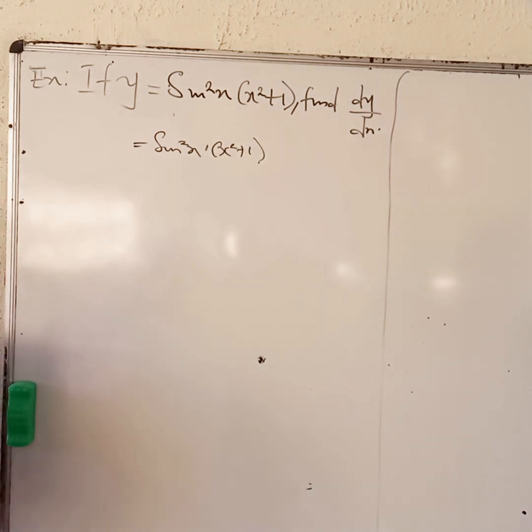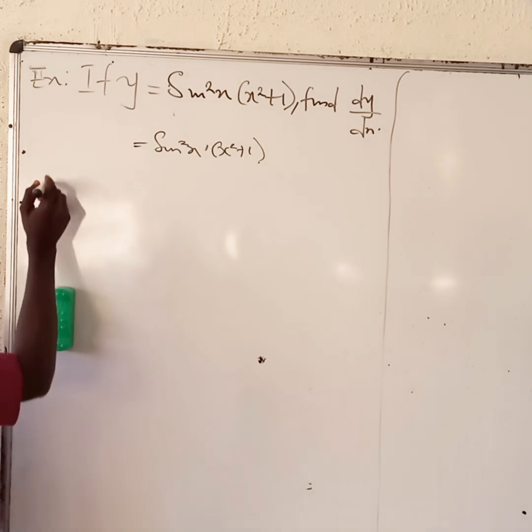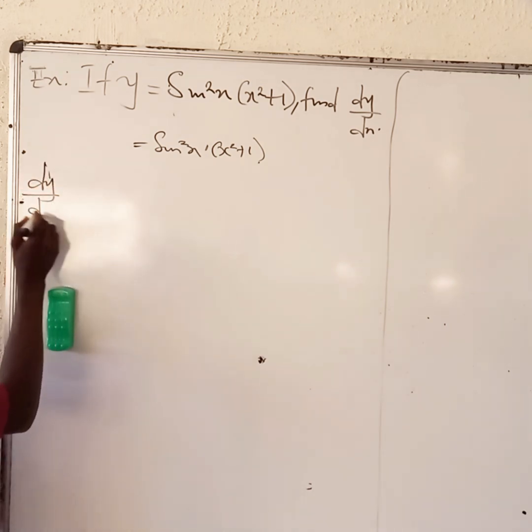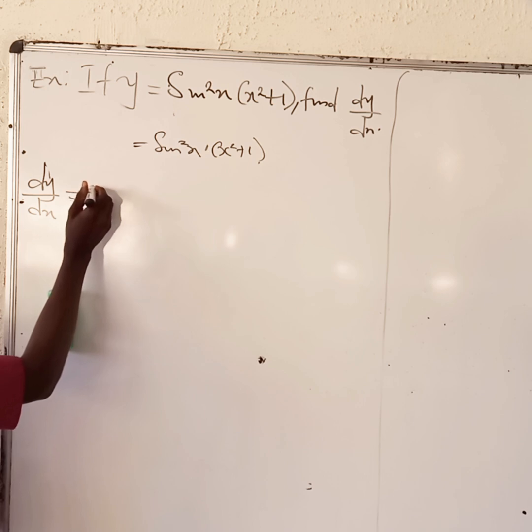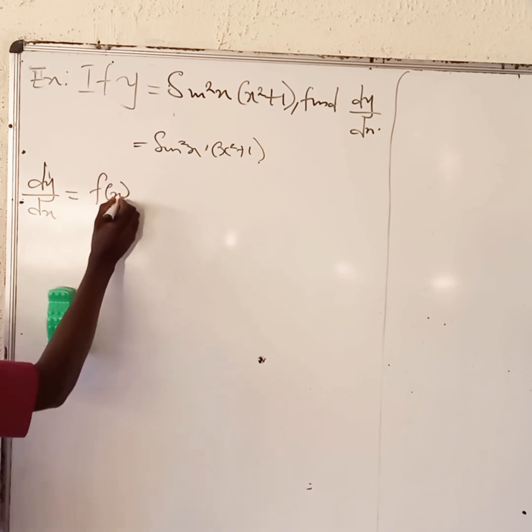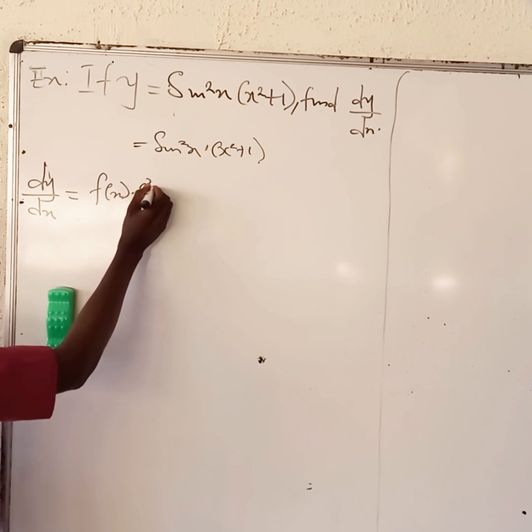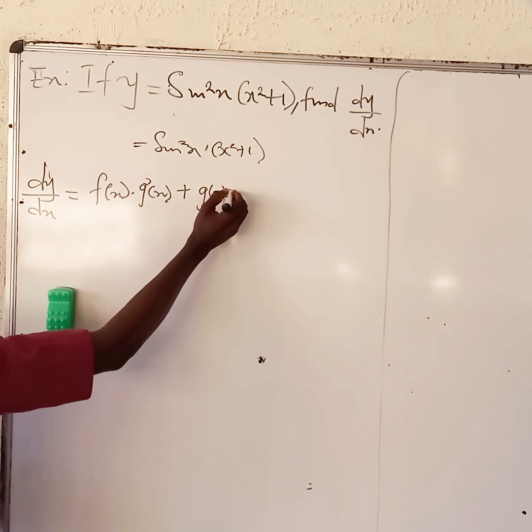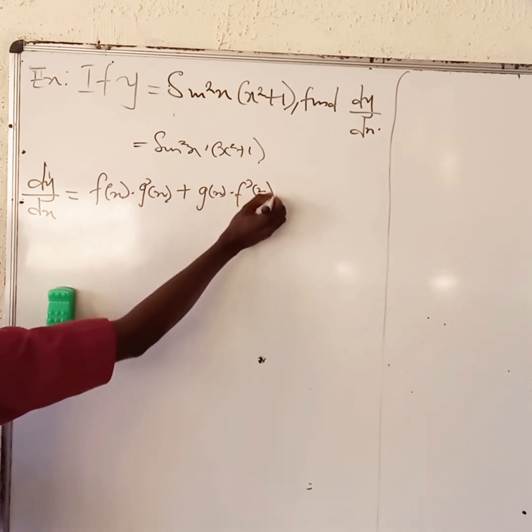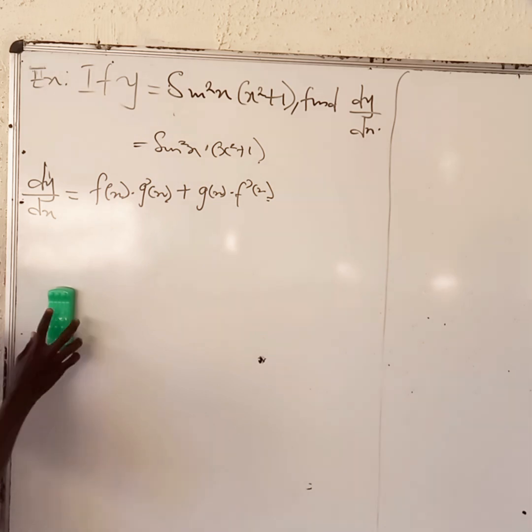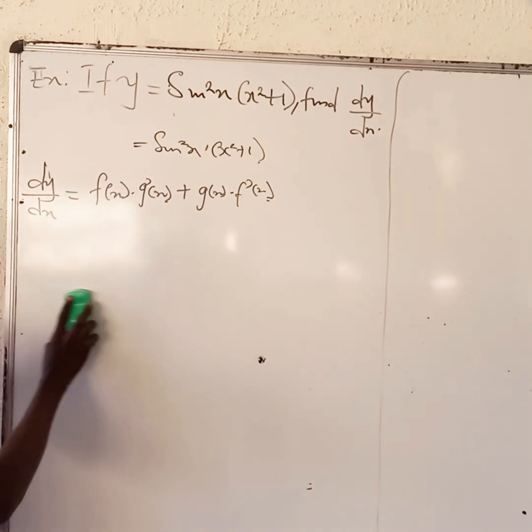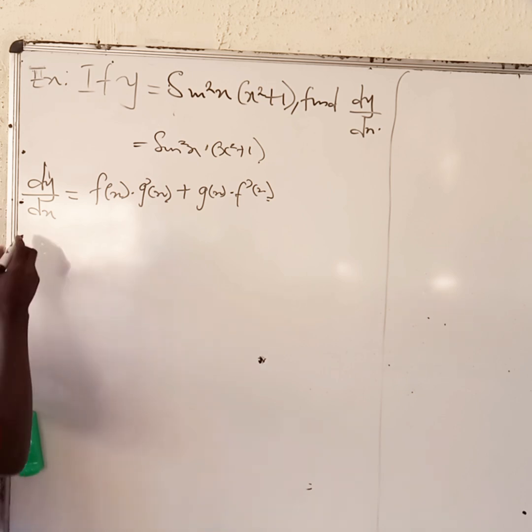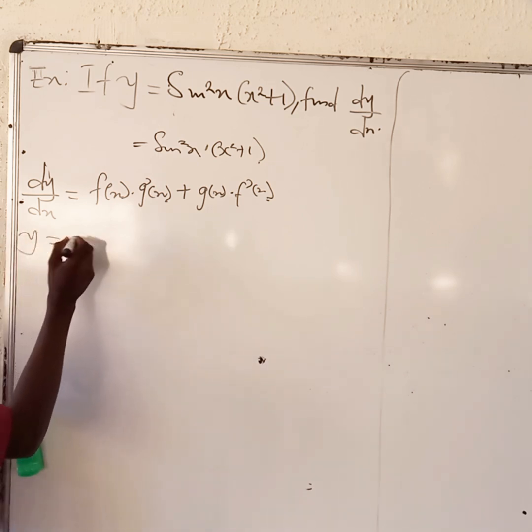And if you can recall, the formula for the product rule is dy over ds is equal to f of s multiplied by g prime of s plus g of s multiplied by f prime of s. Now, let's look at this question. So the question is y is equal to what?